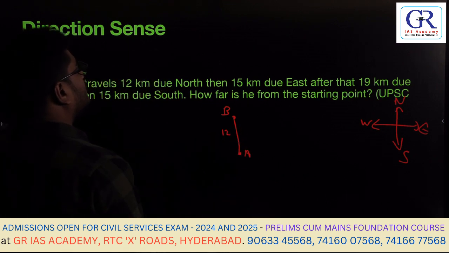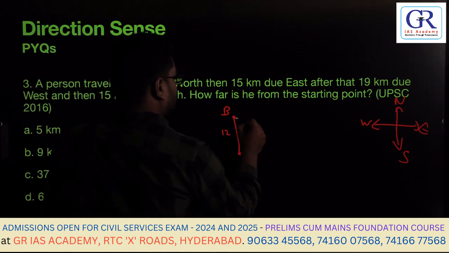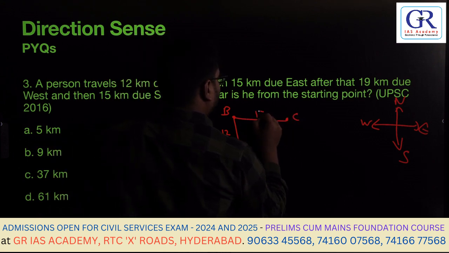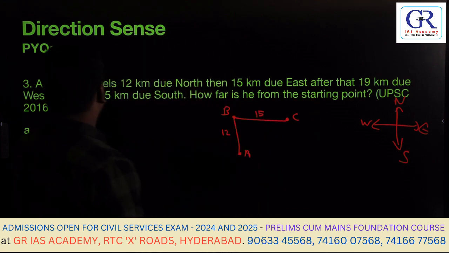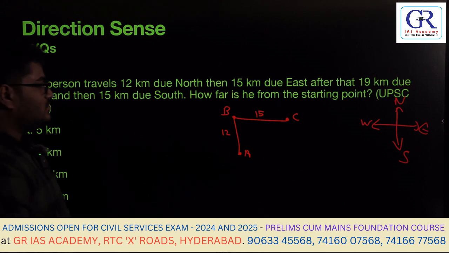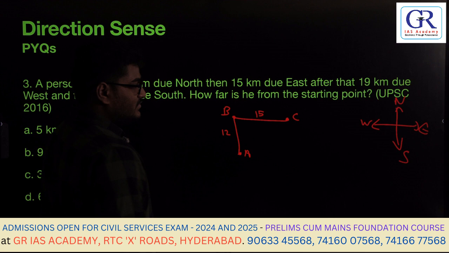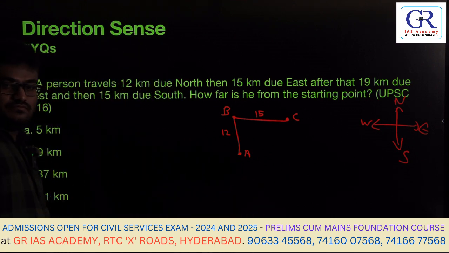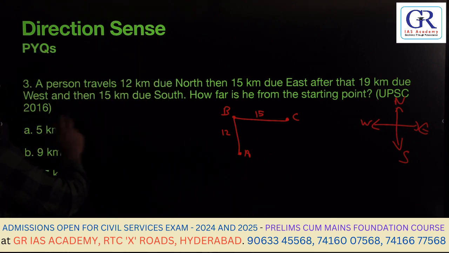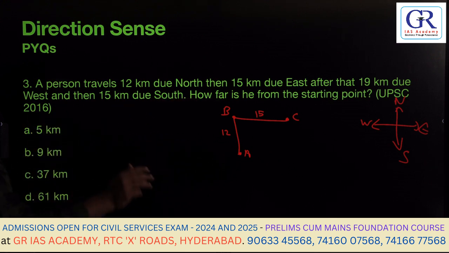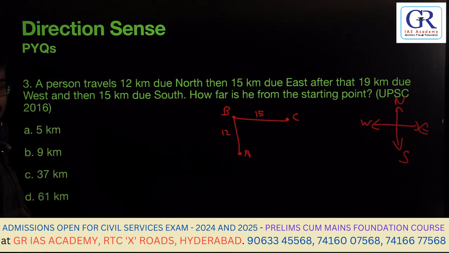Then due east 15 kilometers. Then from here 19 kilometers due west. So is he traveling back on the same line? He didn't say any left. He said due west.